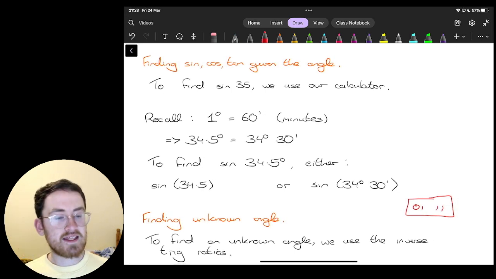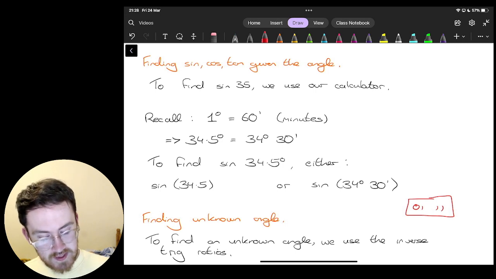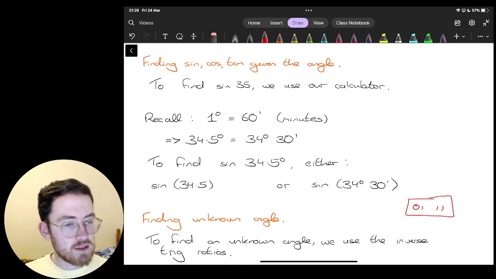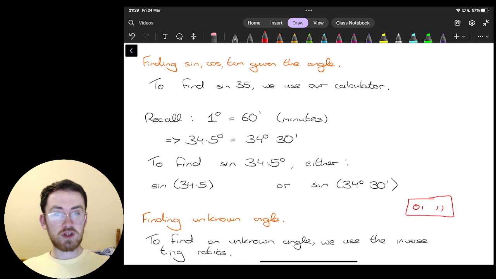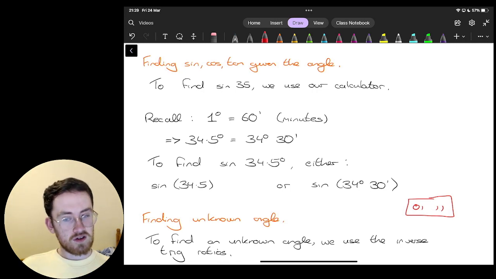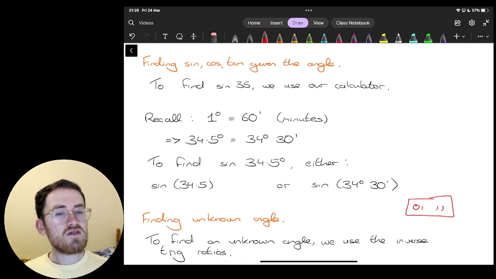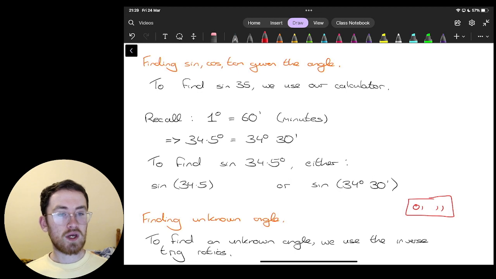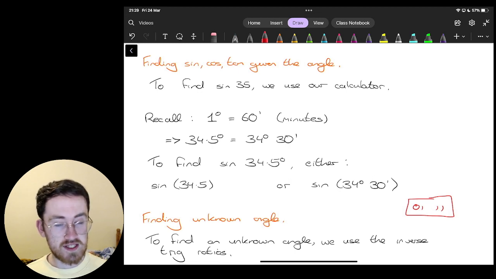After you type in 34, you press that button, and after you type 30, you press the button again, and that will compute it as 34 degrees 30 minutes. Generally you'll see just 34.5 degrees is what you're more likely to be working with, but it's worth knowing that there are 60 minutes in a degree, 60 seconds in a minute, and that kind of thing. It's the same as time.